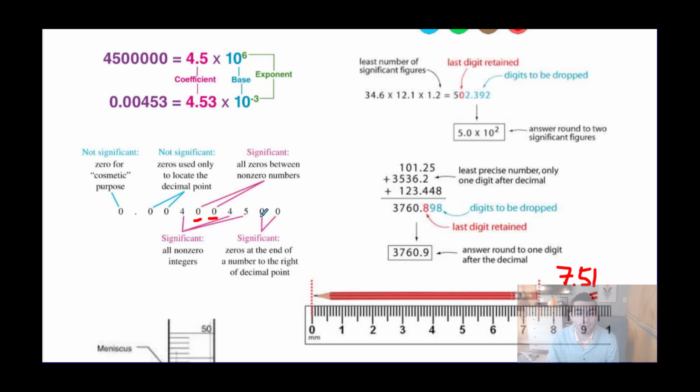And then the only other zeros that would be significant are trailing zeros that are found after a non-zero number, but also after a decimal place. So these two zeros are only significant here because they fall after the decimal and after a non-zero. If, for example, we had 500, those two zeros are not significant, and the 5 is the only significant figure there. Now, so what, right?